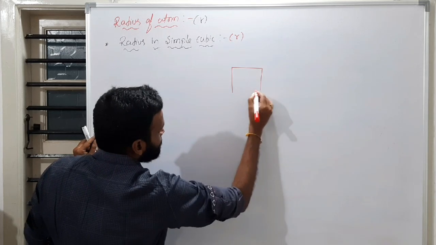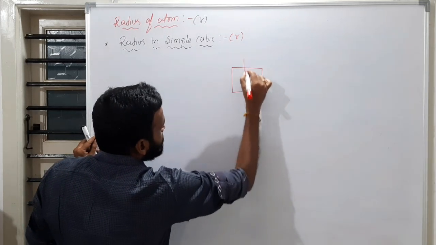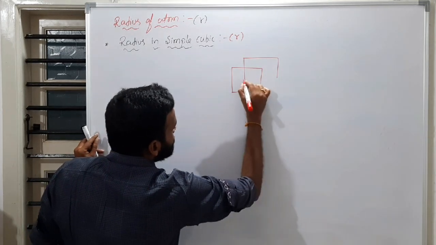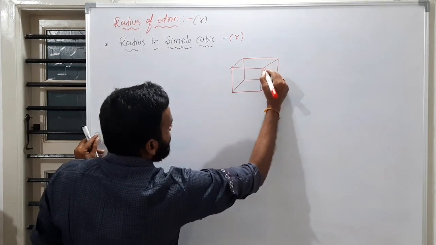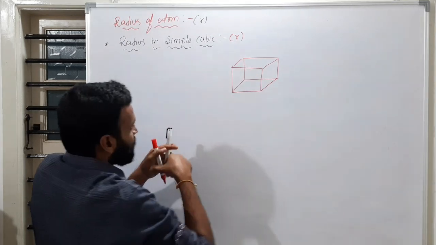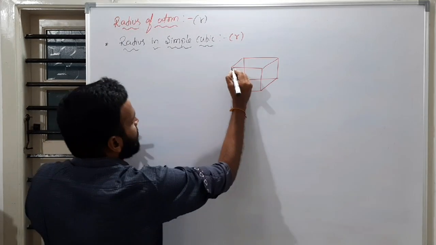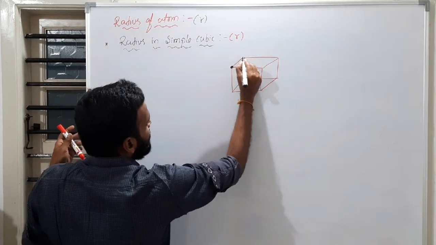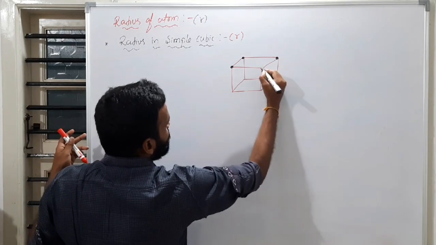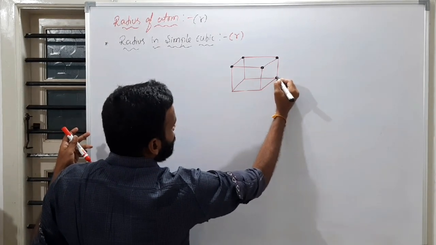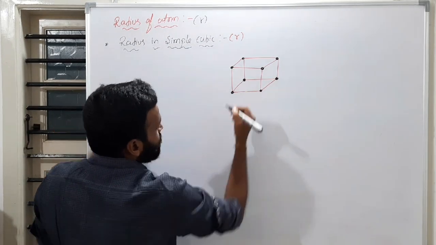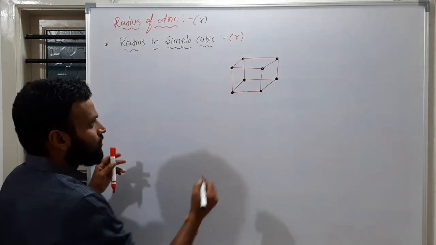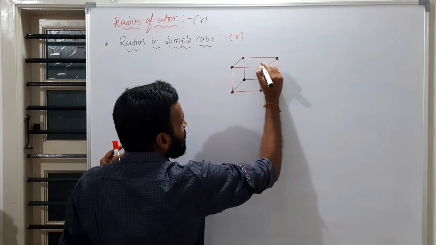So this is a cube. Like this you have a cube, and simple cubic means you will have atoms only at corners: 1, 2, 3, 4, 5, 6, 7 and 8 corners. So you have only corner atoms.